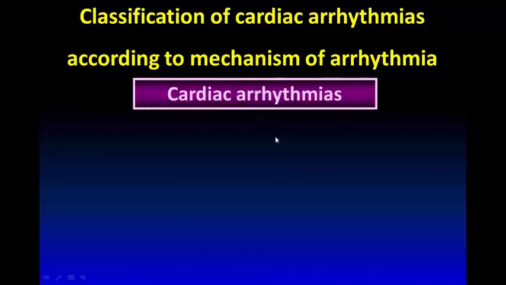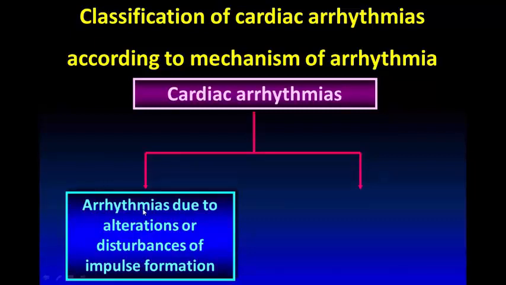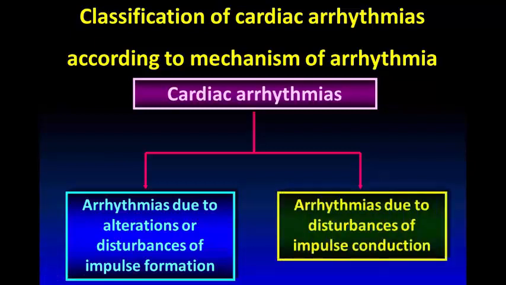And under this classification, cardiac arrhythmias are classified into arrhythmias due to alterations or disturbances of impulse formation and arrhythmias due to alterations or disturbances of impulse conduction.